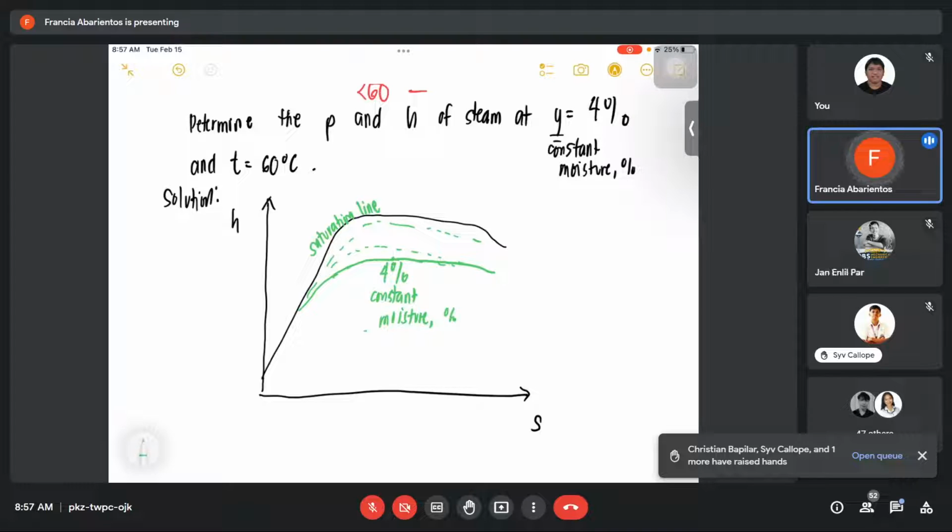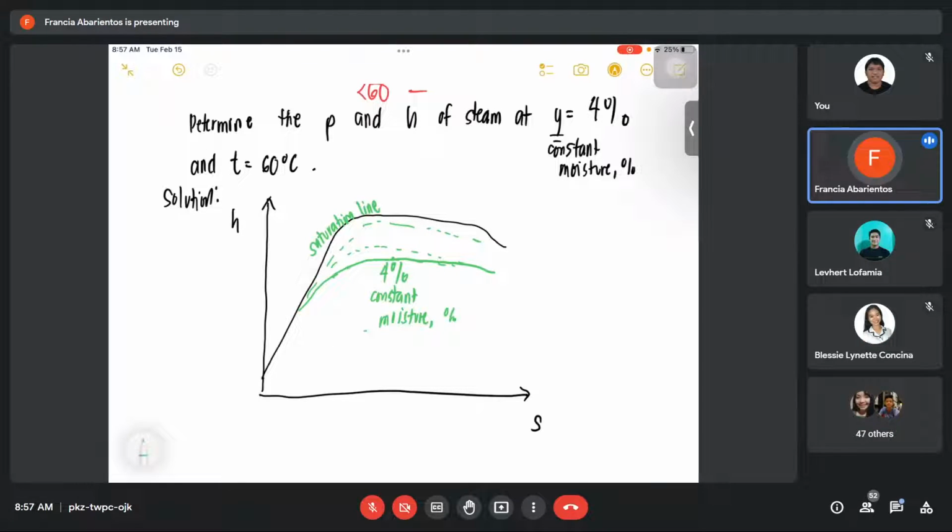Okay, so nakuha. So, punta tayo dito sa left side. Sa left side, class, you will have your temperature. Kalahatiin nyo yung molar chart, sa lower part of the half. Hanapin natin si 60 degree.